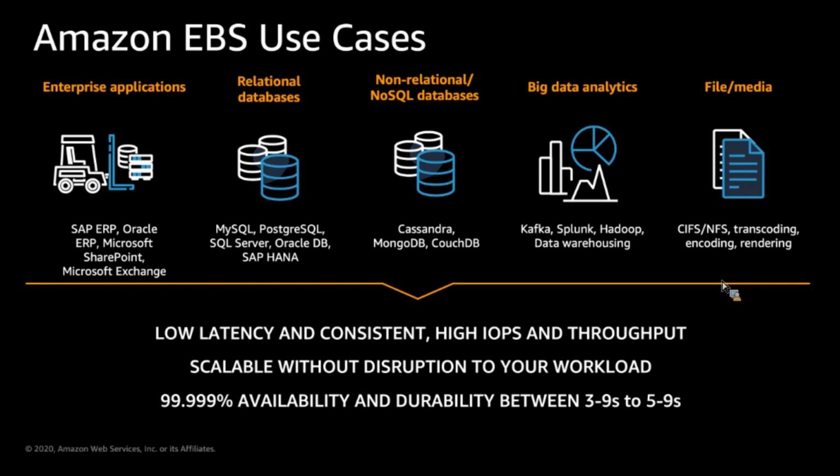And last but not the least is building self-managed file systems on top of EBS volumes for your specific workload requirements. Even though there are managed file services available for you for your workloads, some of you prefer, for various reasons, to create a self-managed file system on top of EBS volumes.